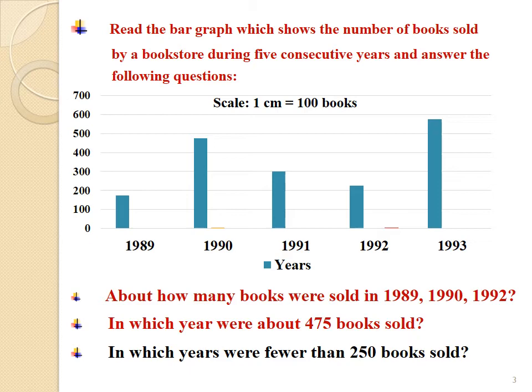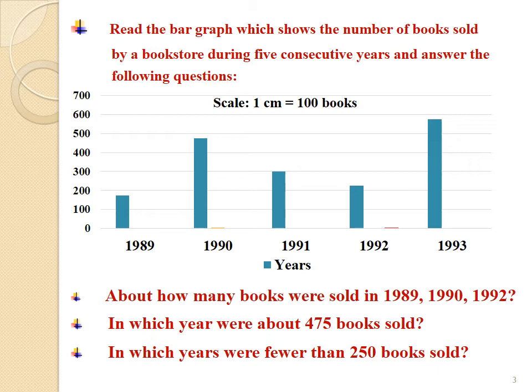1990. Now, sum number 3. In which year were fewer than 250 books sold? Students, try to understand this question. In this question, we have to write the year or years in which number of books less than 250 were sold.